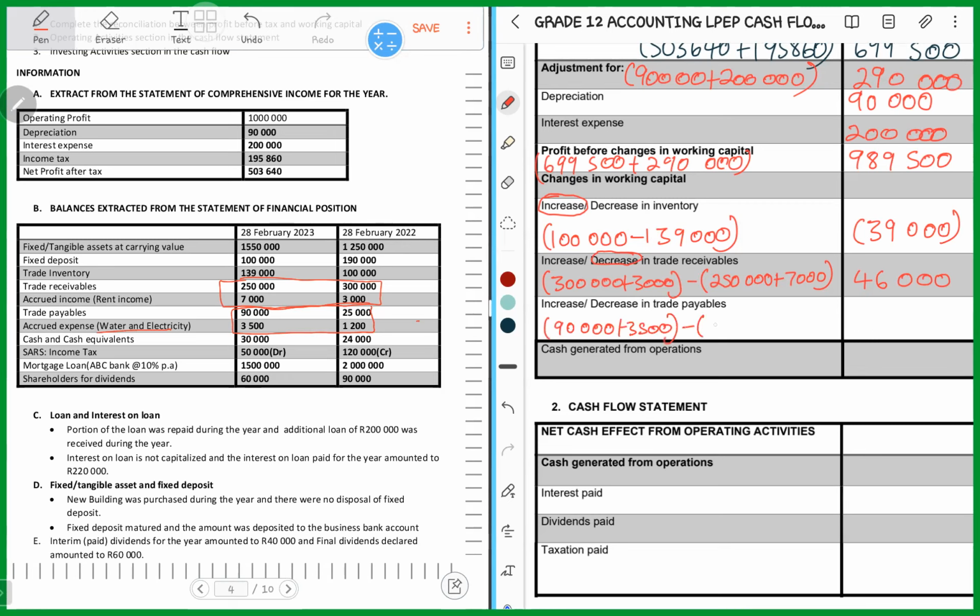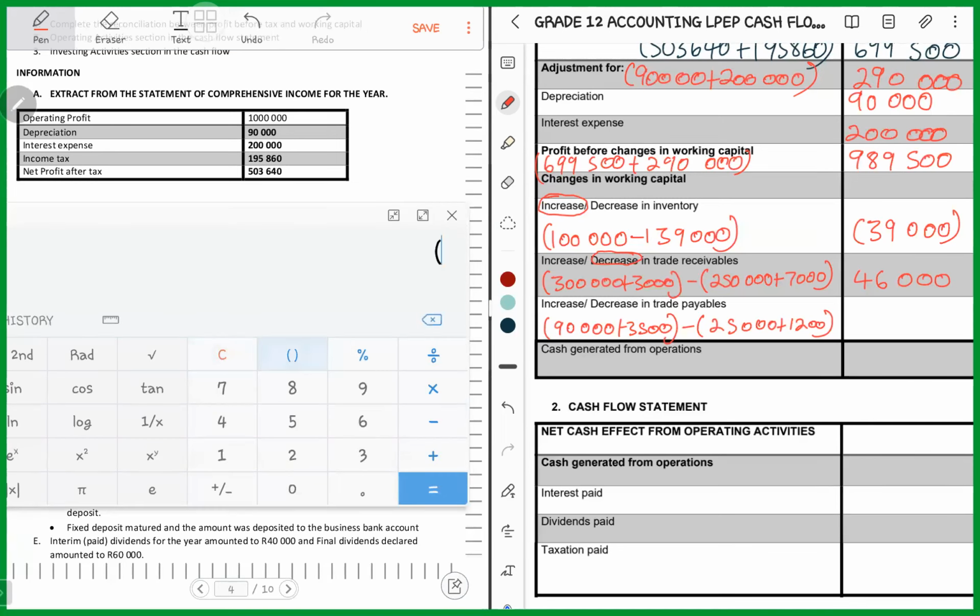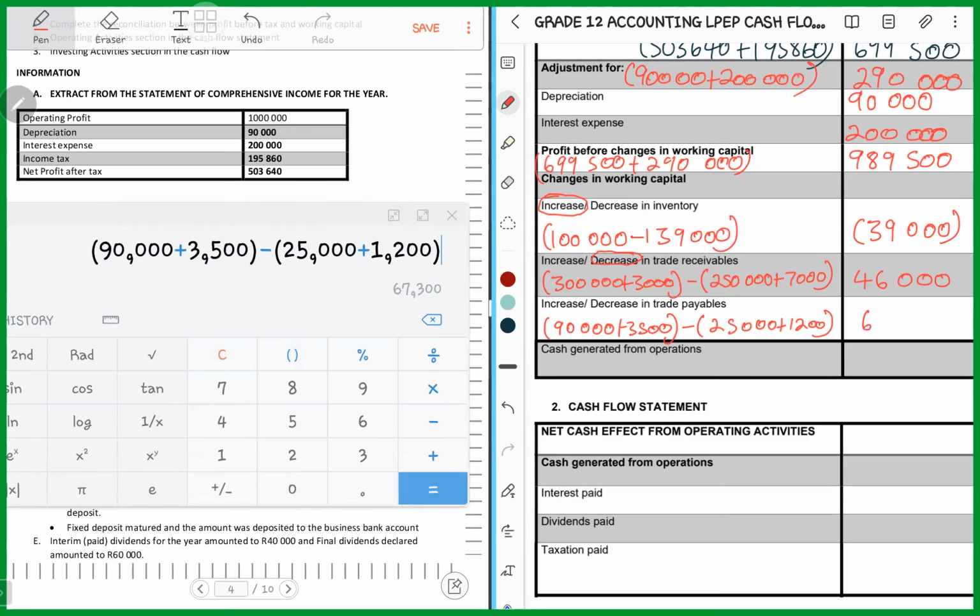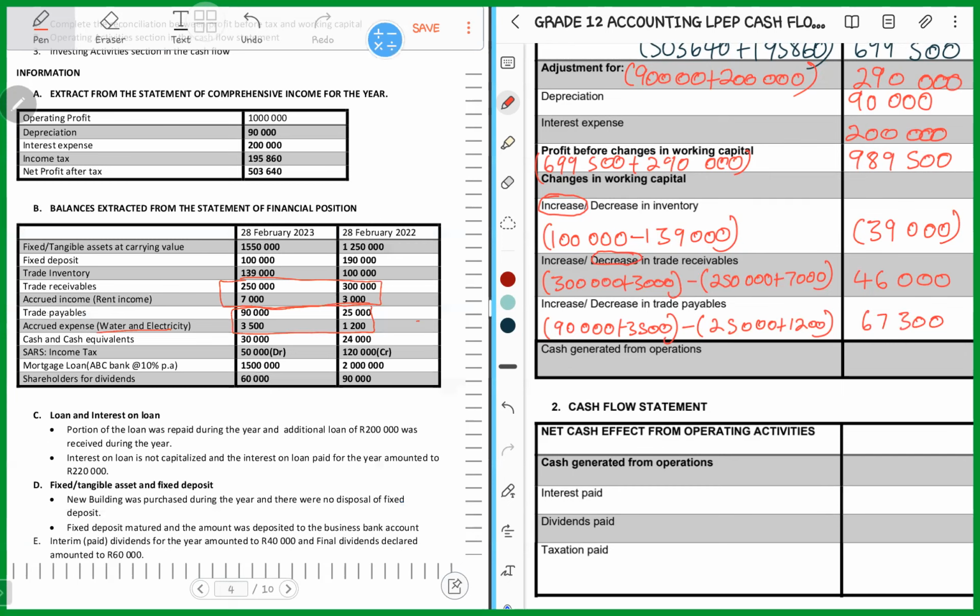Then we're going to subtract 25,000 plus 1,200. That gives us how much? 67,300. Remember, it has increased. Then it is an inflow.